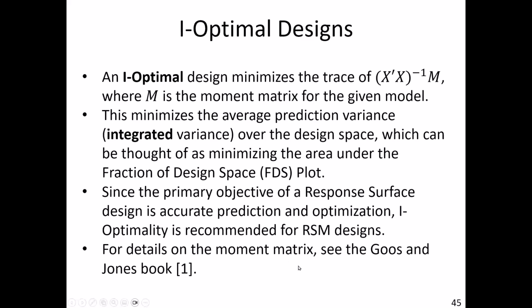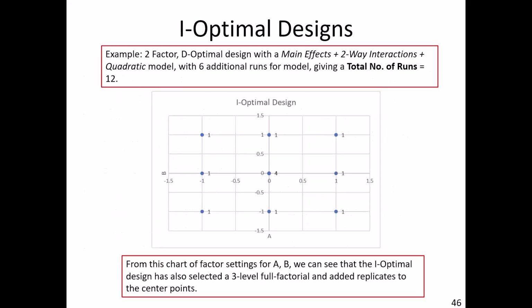We have further details on the formulas in the appendices, and there's a good book on optimal designs by Goos and Jones that is referenced here. Now, what does an I-optimal design look like? Again, we start with the same 9 points, but this time we replicated the center points. So we now have 4 replicates at the center point, and that produces the I-optimal design. Now you have single replicates out at the corners, but you've added replicates to the center point, and that improves the I-optimality.